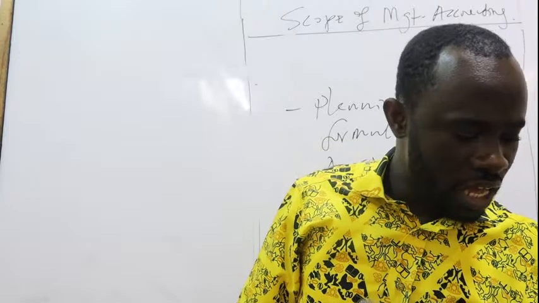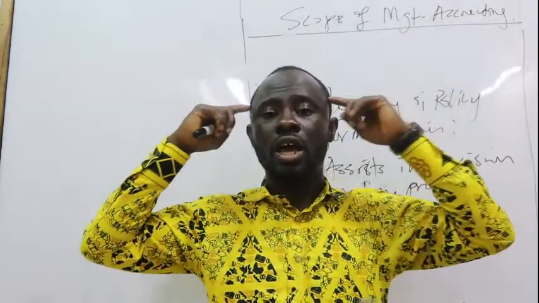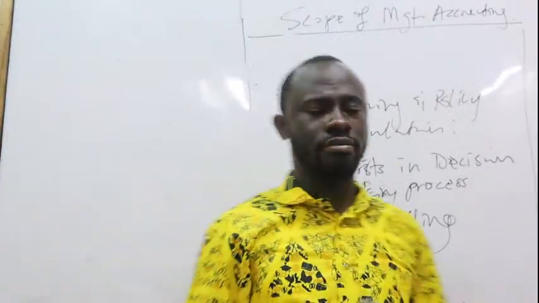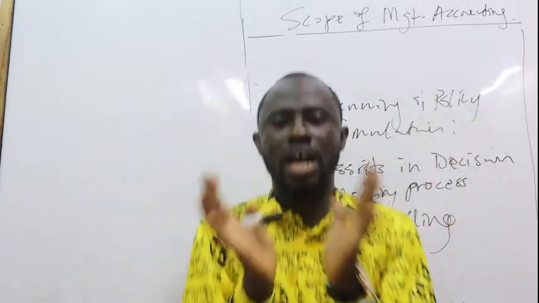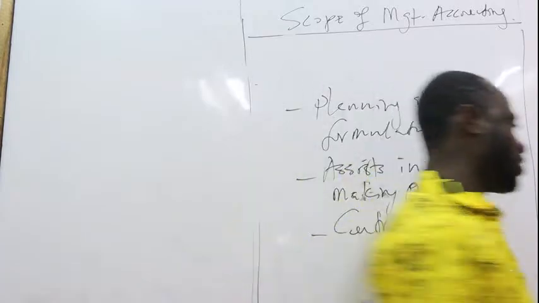So now that we have looked at the various things that we need to understand when it comes to management accounting, let's break down and look at the real deals. You ready? So let's look at the real deals now.